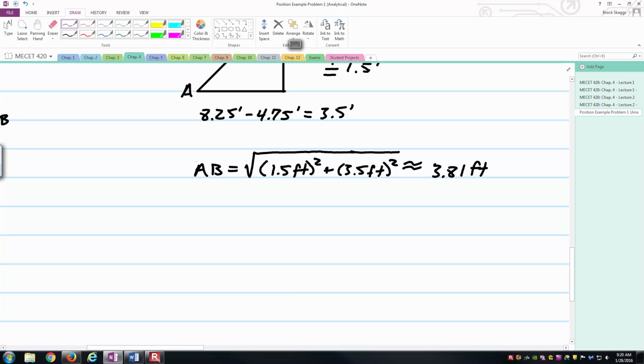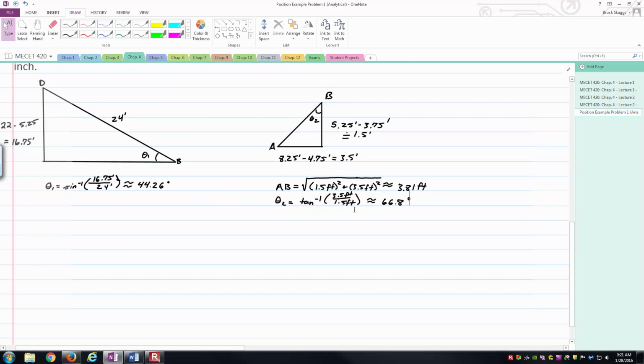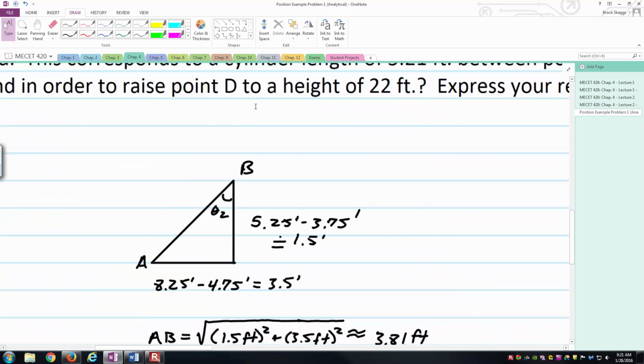I'll just use inverse tan, so we'll say theta 2 is equal to the inverse tan opposite over adjacent, so 3.5 feet divided by the 1.5 feet. That should get us that angle. And it performs nicely. It looks like that is 66.8 degrees there.